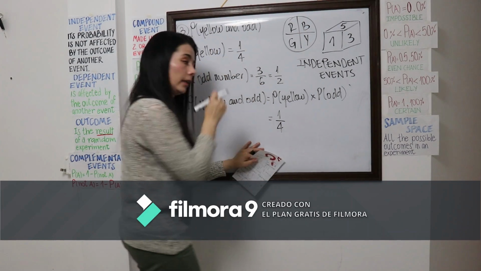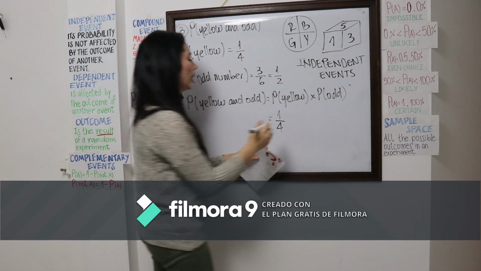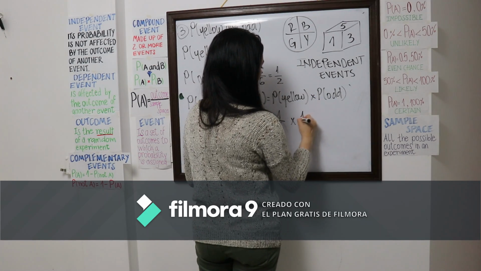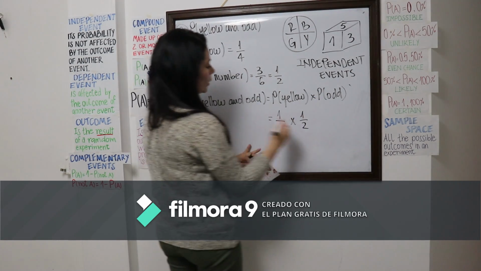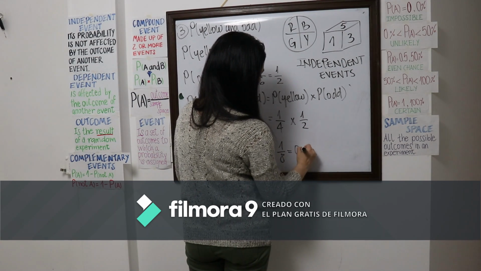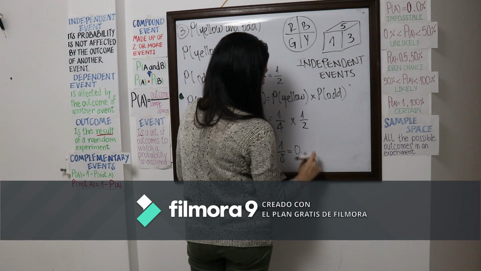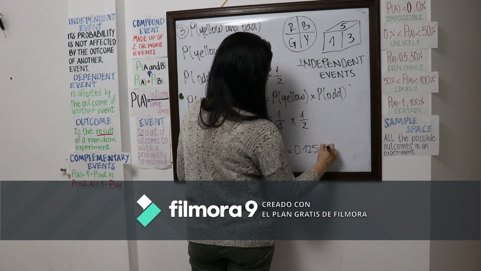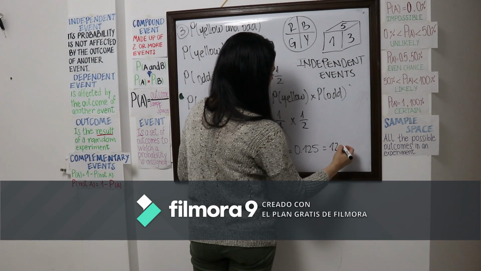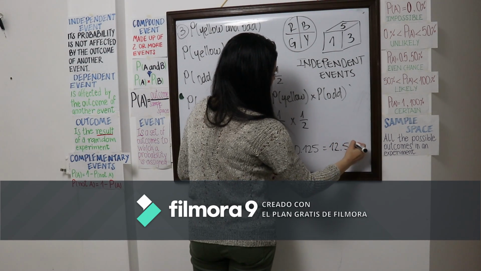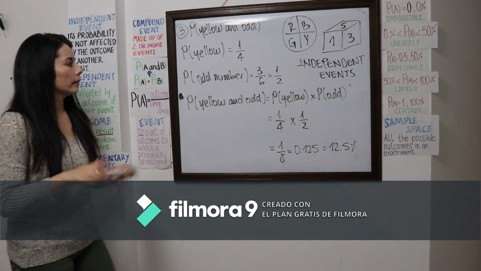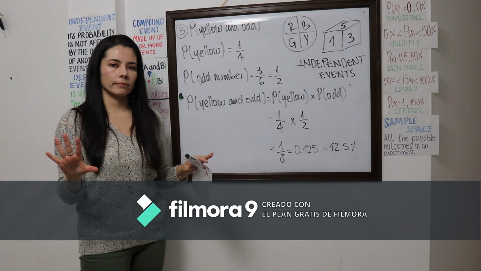I was looking for the decimal, but we're not going to get it yet. And the probability of odd is 1/2, right? So again, we're actually getting the same 1/2, and we already have those numbers here. So we know this is going to be the same 0.125 and the same 12.5%, okay? That easy. That's the way it works.